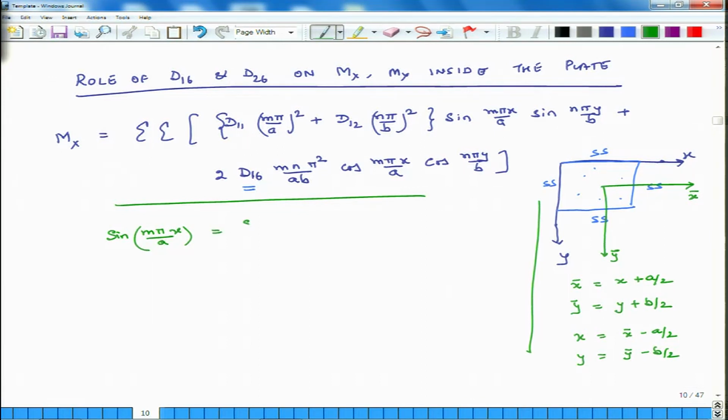It becomes sin m pi over a into x bar minus a over 2. I am replacing x by x bar minus a by 2.